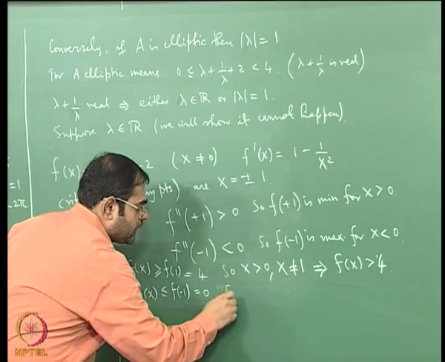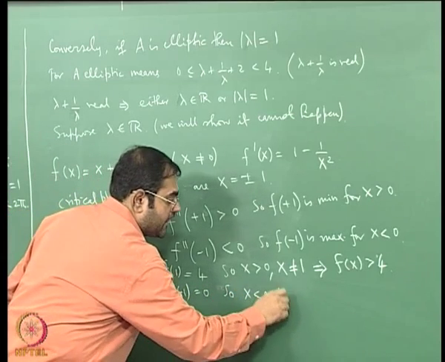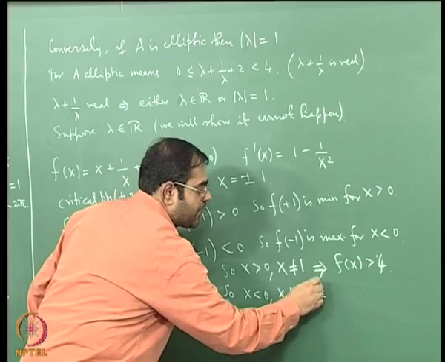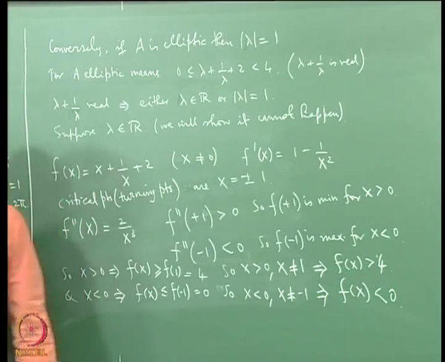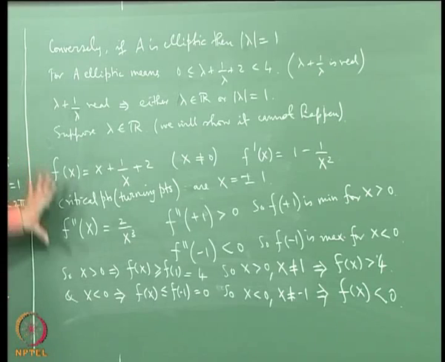So x negative, x not equal to minus 1 will imply that f of x is strictly less than 0, okay. So this is a very simple calculus computation, but it is very helpful to us.